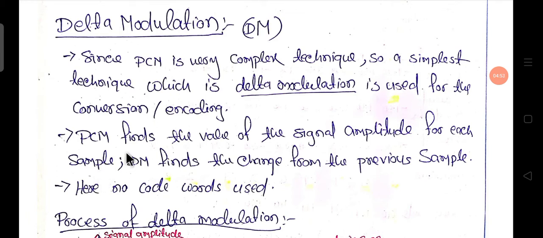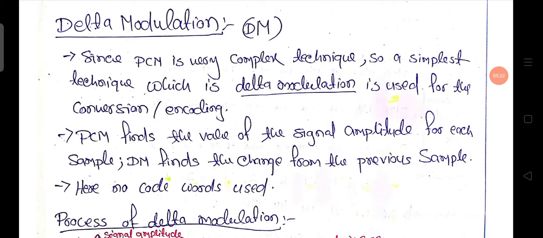That means in PCM the amplitude of every sample is needed, but in DM every sample's amplitude is not needed. What is needed is the comparison of the previous to the upcoming sample.